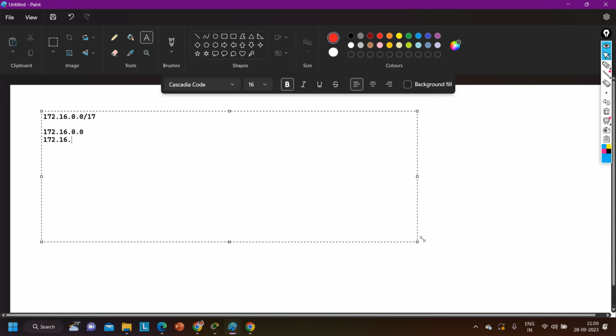In this scenario, the last one is present in the third octet, so here we add 128. What will be the last IP address of the first network? 172.16.127.255. And the last IP address of the second network: 172.16.255.254.